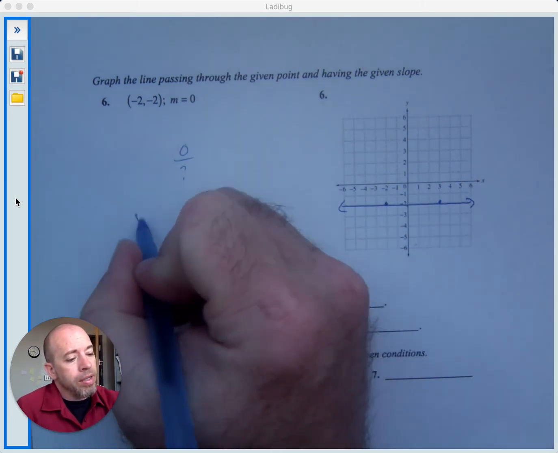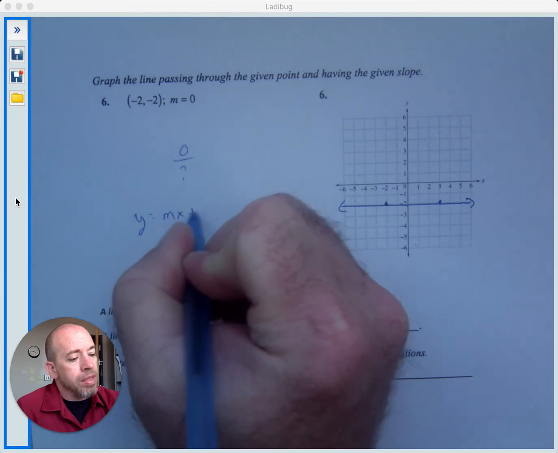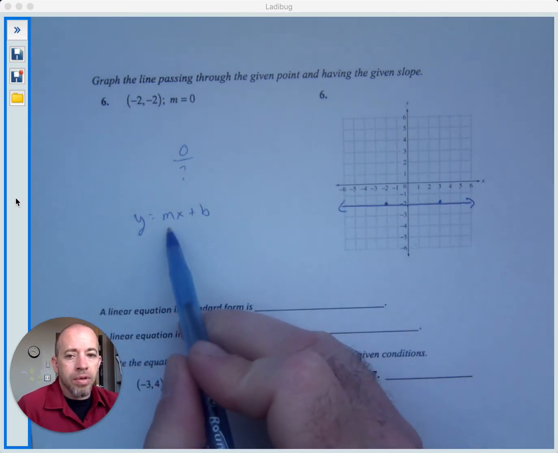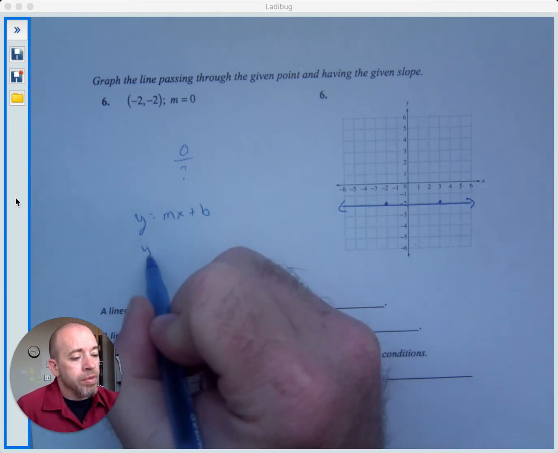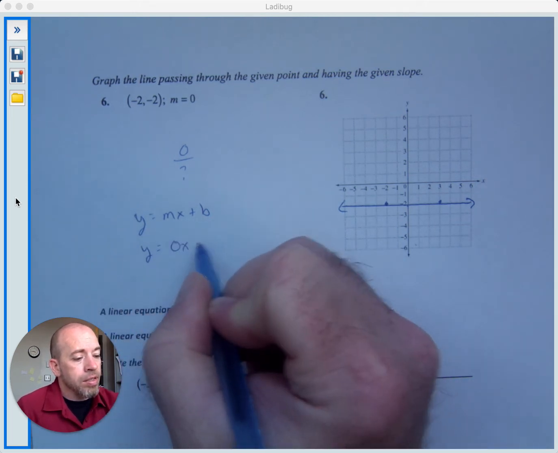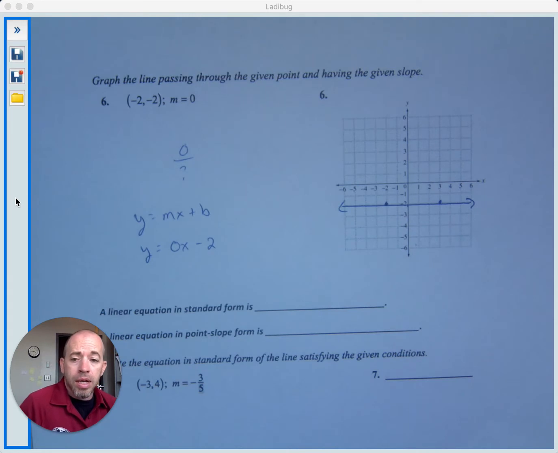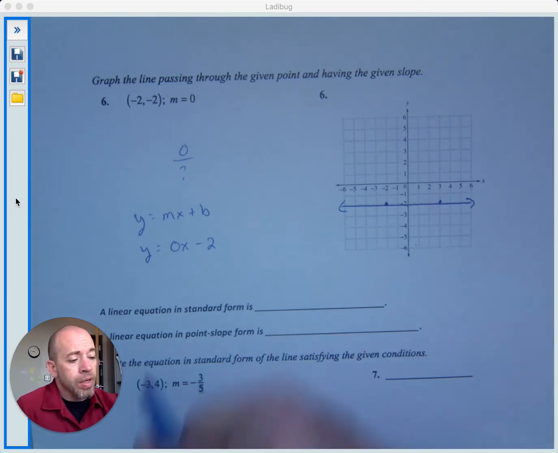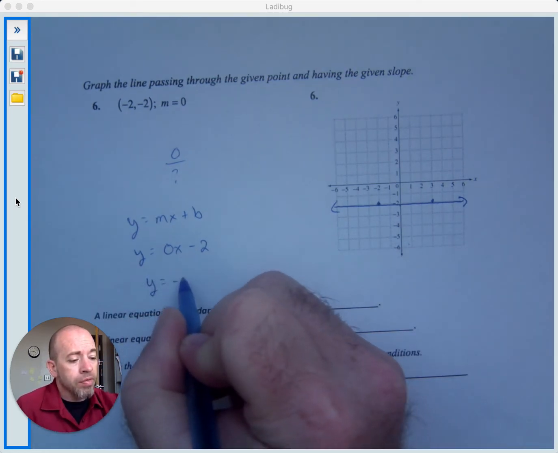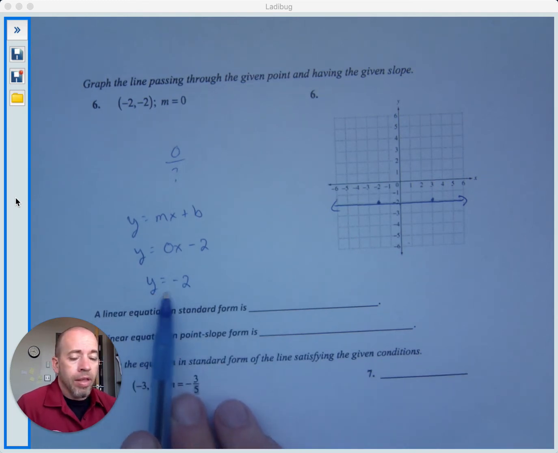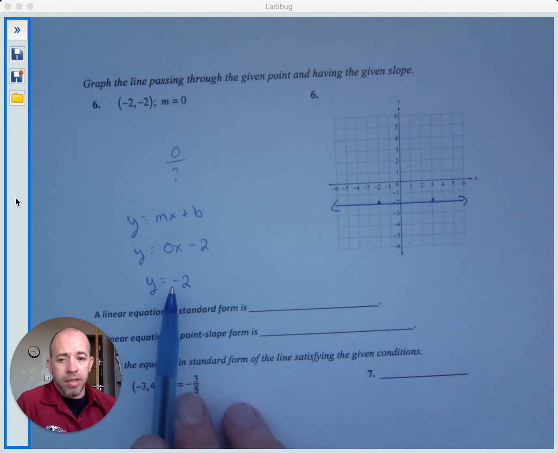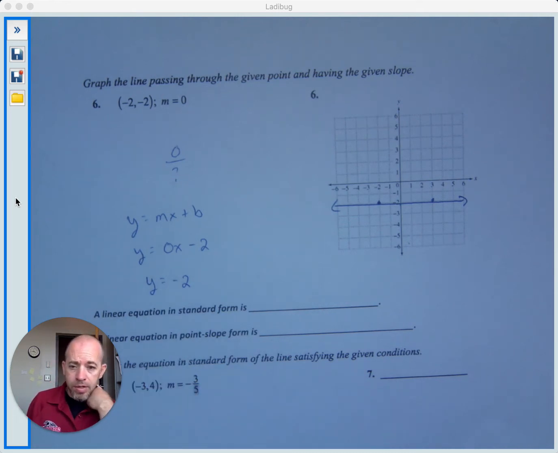So if we have y equals mx plus b, if the slope is 0 and the y-intercept is -2, we'd have y equals 0x minus 2, right? But 0 times x is 0, so that part really goes away, and we just get y equals -2. So your slope-intercept form would actually cause the x to go away in this case, and it's a special case because it's a special horizontal line.